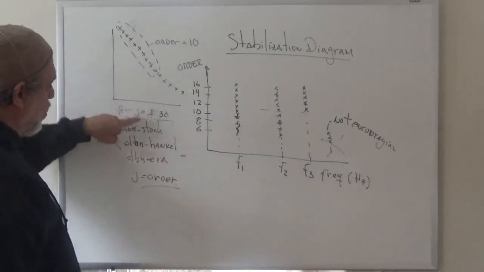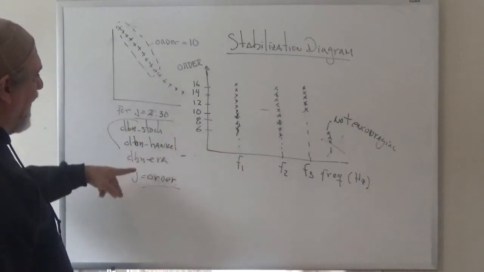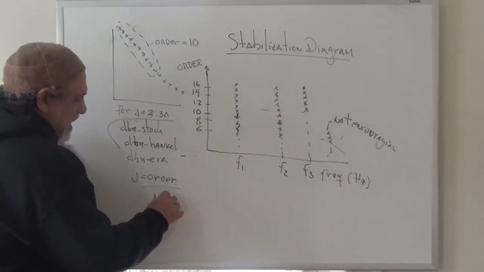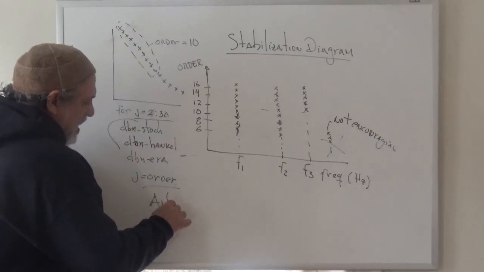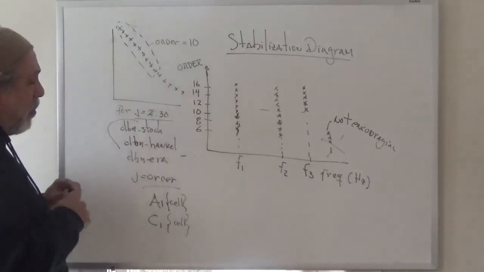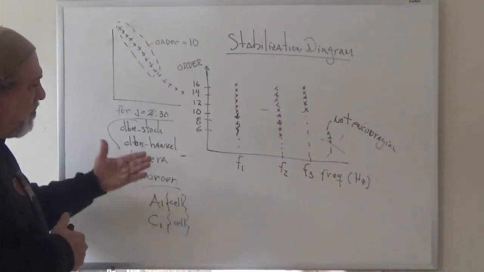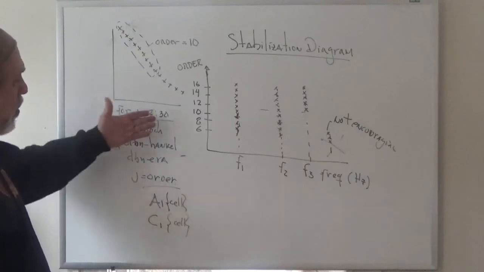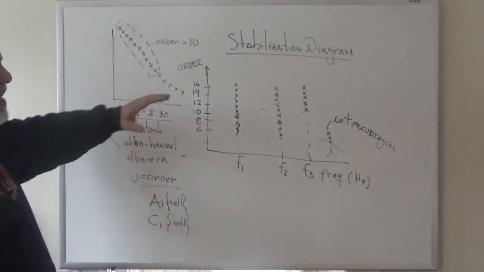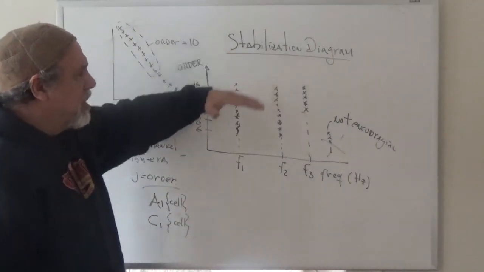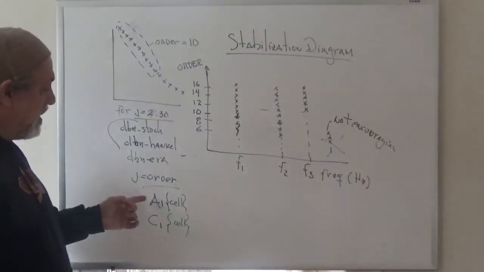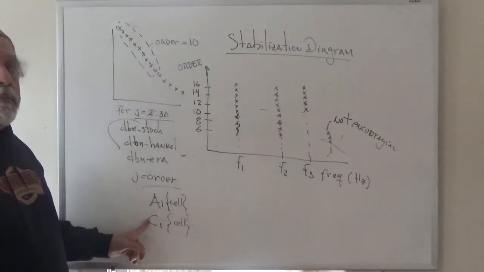So the point is that you could write a little program that runs this thing and calculates the A1 and the C1 in cells. So this is a cell, and this is a cell. So there is A1 for order 2, 3, 4, 5, 6, 7, 8, 9, 10, all the way to 30, for example. I mean that because the way my stabilization diagram program works is that it outputs the stabilization diagram, but the input is the cells of the A and the C.